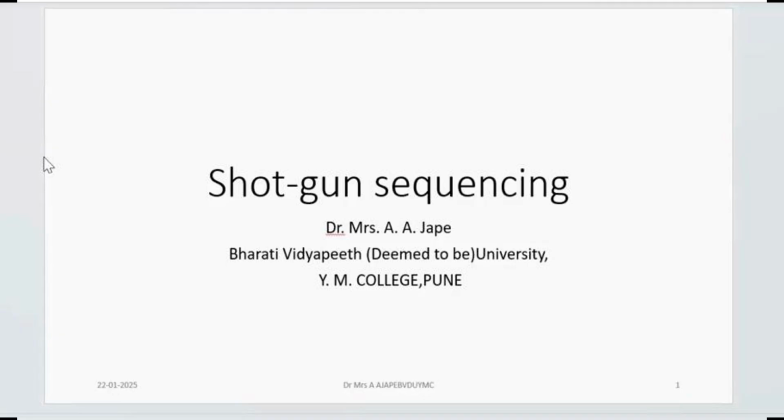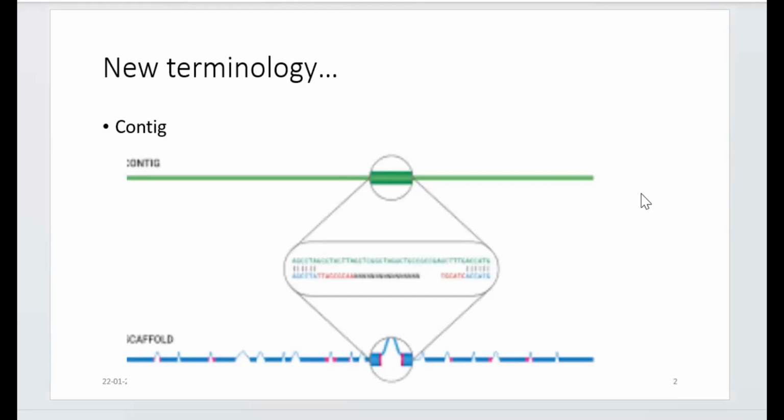Right. It is the next terminology. What is it? It is saying that it is contig. We have been talking about different things, and now the new term, that is contig. Probably you have come across it while reading.